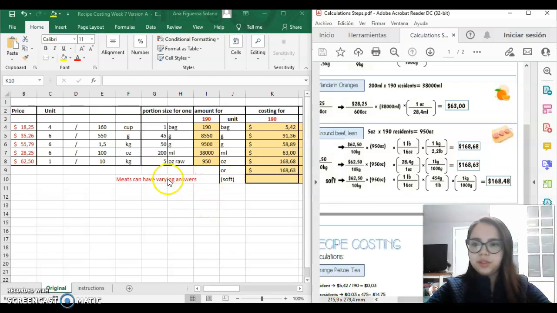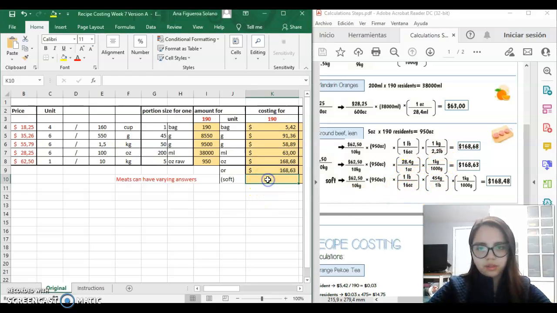And last, we're going to do a soft conversion. So we're going to go from ounces to pounds, pounds to grams, and grams to kilograms. This is the longest one.